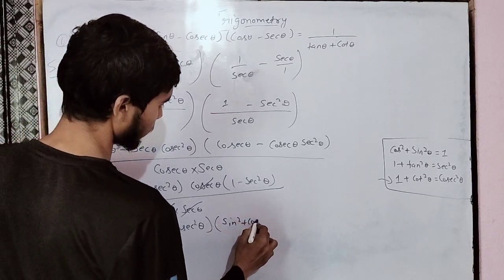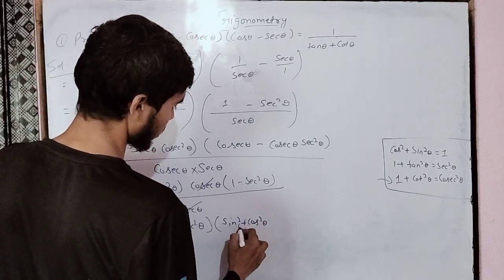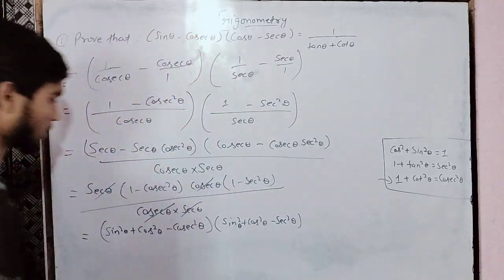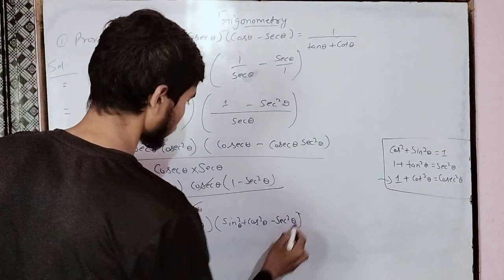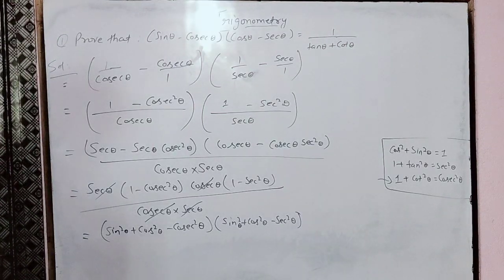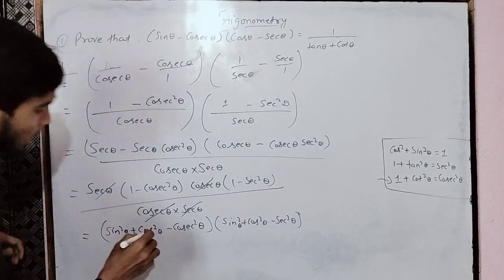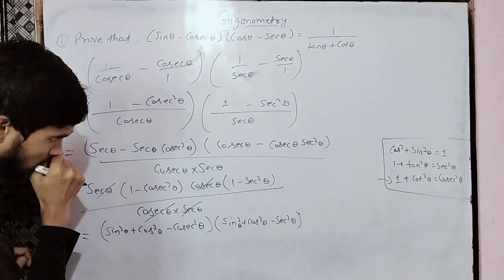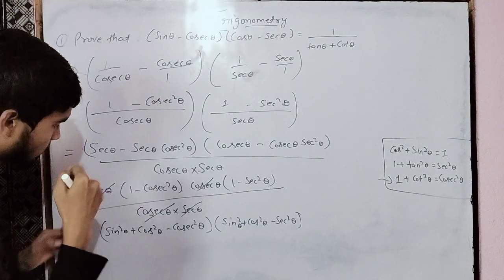Sin square plus cos square theta minus sec square theta. Clear? So sin minus sin, minus.